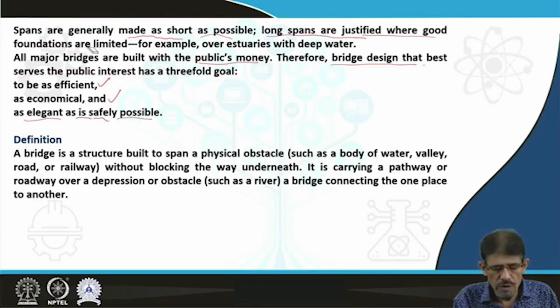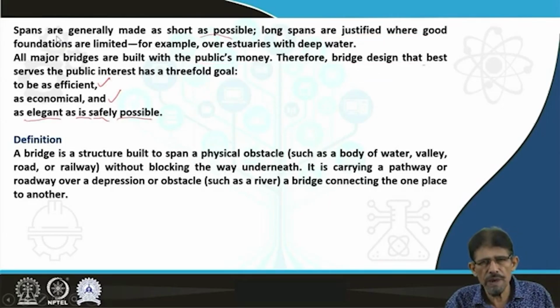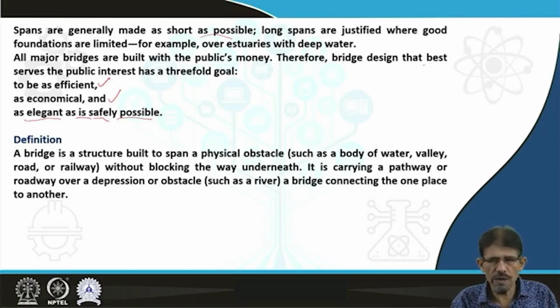If we make longer routes through a bridge, it may be costly and create a lot of problems for society. It may be non-economical, not efficient, or have problems related to the support system.